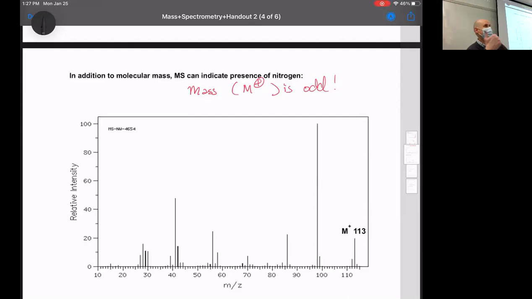So if your molecule is comprised of carbons and hydrogens and oxygens and halogens, your mass will be even. The only thing that will make an organic molecule have an odd mass that's neutral is a nitrogen. And the reason for that is not that nitrogen itself has an odd mass, because nitrogen weighs 14. But if nitrogen gets added into your molecule, let's just say somewhere along the chain, CH3, CH2, and so on, all of that stuff with carbons would end up being even.